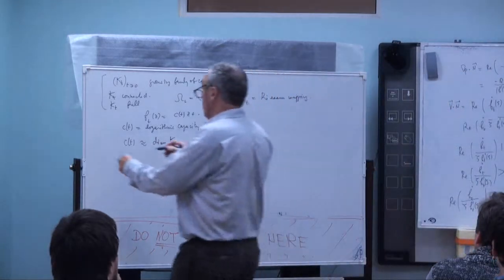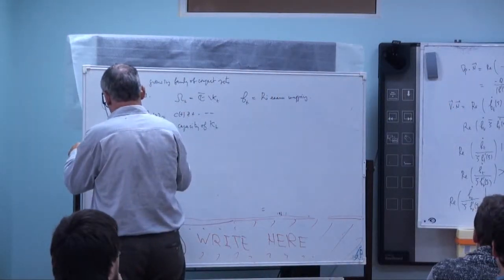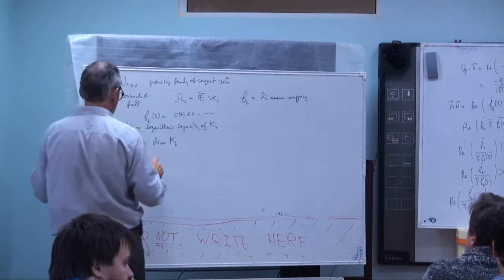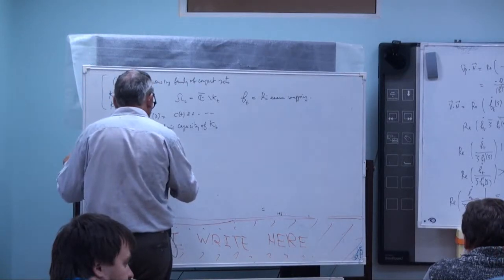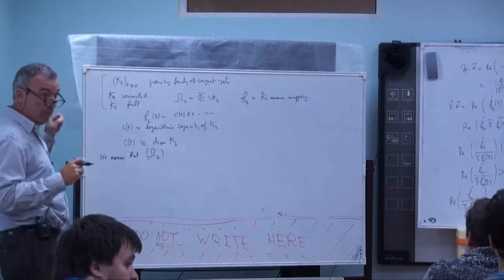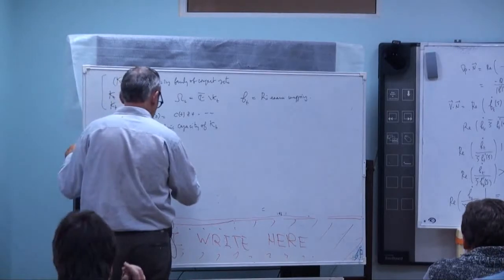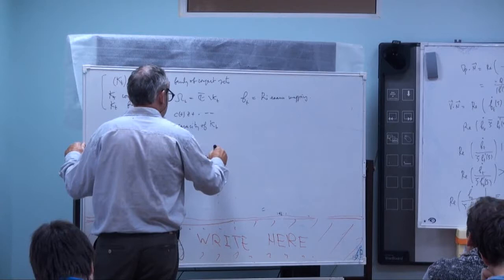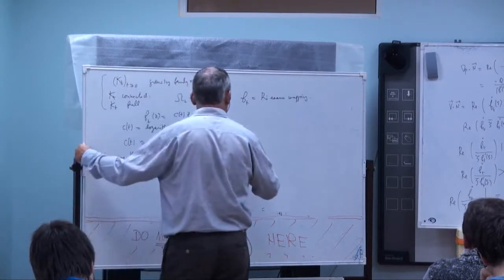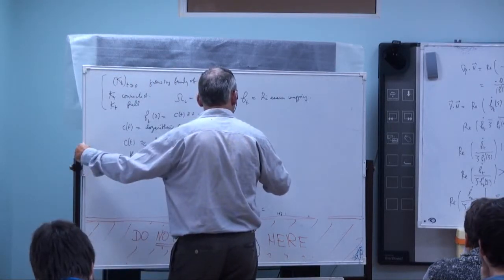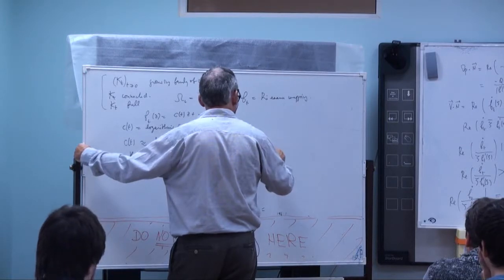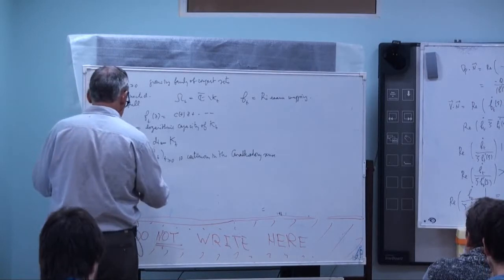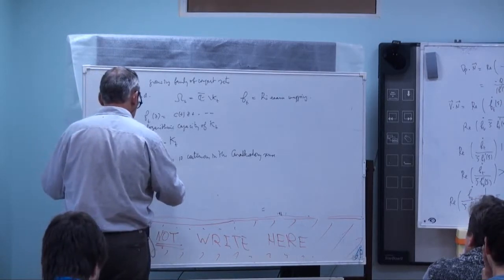So we assume that the family Omega_t, the family of the complements, is continuous in the Carathéodory sense. So that's equivalent to saying that c(t) is continuous.